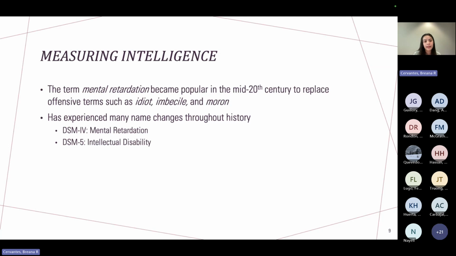And so with that, the DSM-4, so prior to 2013, the last version of the DSM had this section, and now we are DSM-5, intellectual disability. So that is a terminology that was used back then. Now we are using intellectual disability.